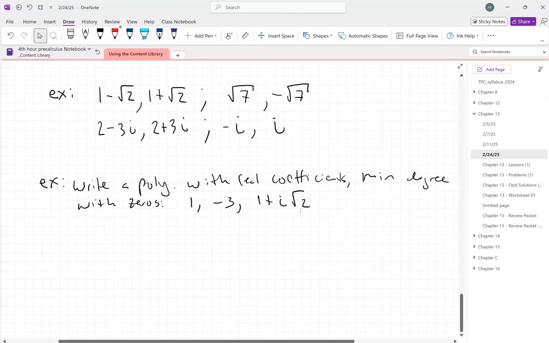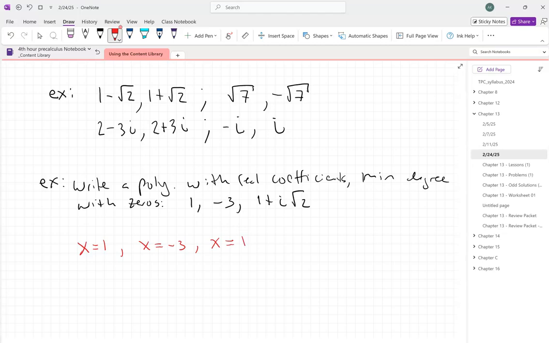So we'd already done some problems like this earlier. Just like we had before, we'll start by identifying that each of these zeros has to be a solution.